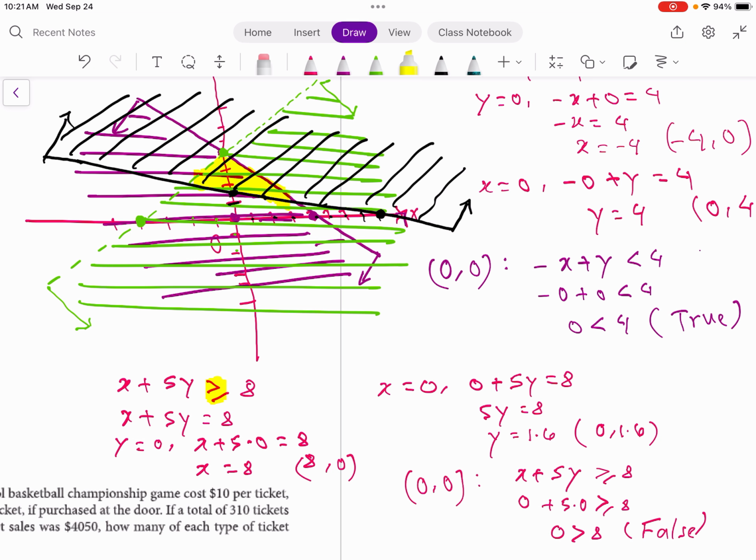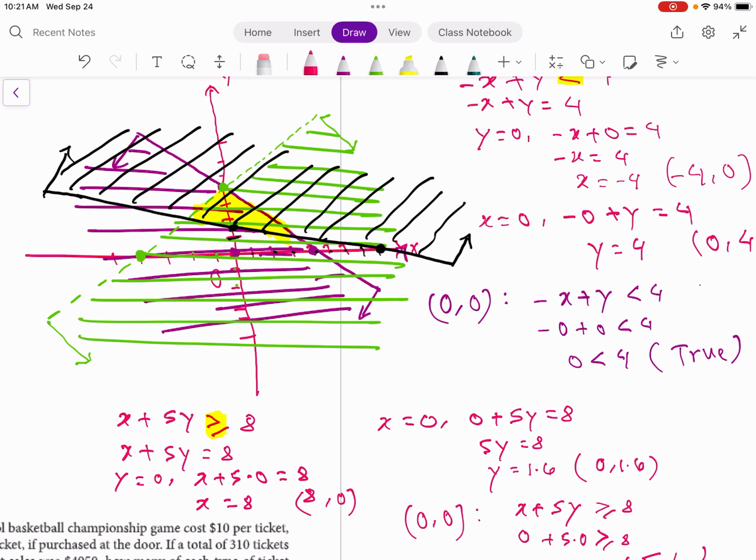Is it okay if we just do the arrows as well? Yes, it should be enough if you have arrows, but make sure to show your final solution. So at least show this common region. Here I have been using arrows: an arrow pointing up means every point above the line is the solution.